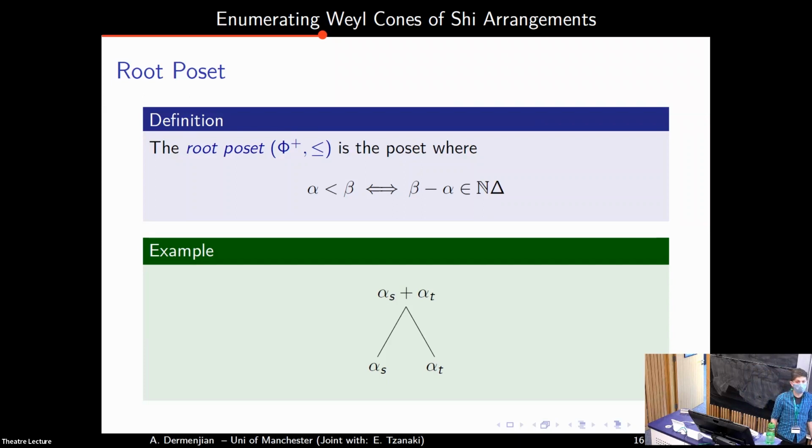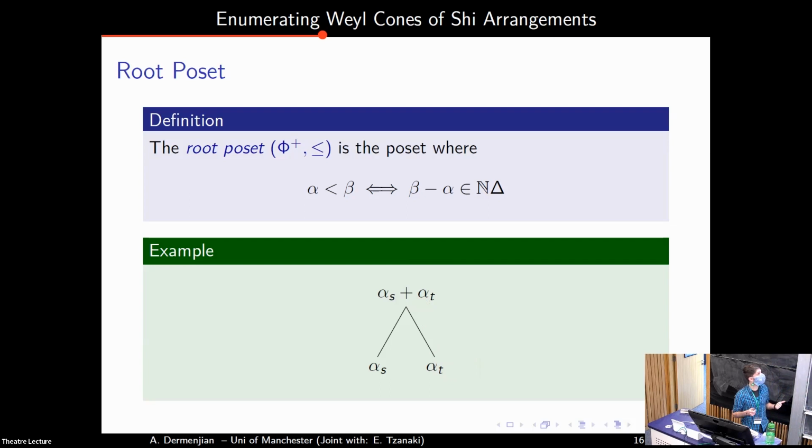There are three elements, the positive roots: alpha S, alpha T, and alpha S plus alpha T. For example, alpha S is less than alpha S plus alpha T. If I subtract alpha S from this, I'm left with alpha T, which works nicely.